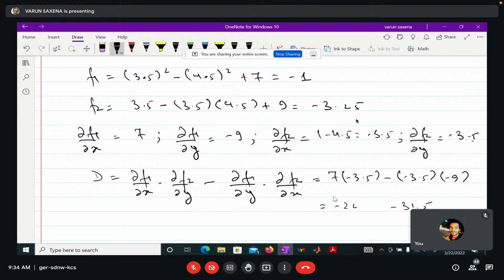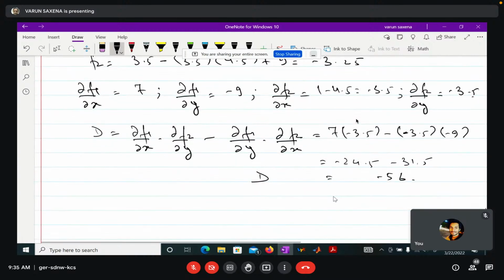So this is minus 24.5. Something is off here, this is a minus sign and this is also a minus sign, so that becomes plus, so here minus comes, and here it is minus. So this is going to be minus 56. Minus 56, right? So this is your D.